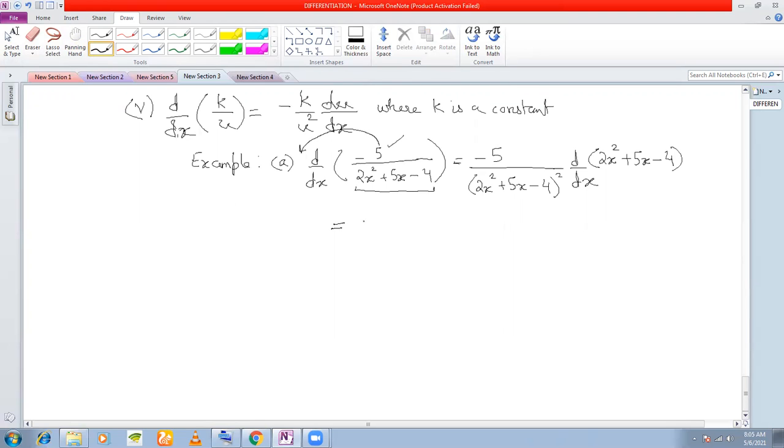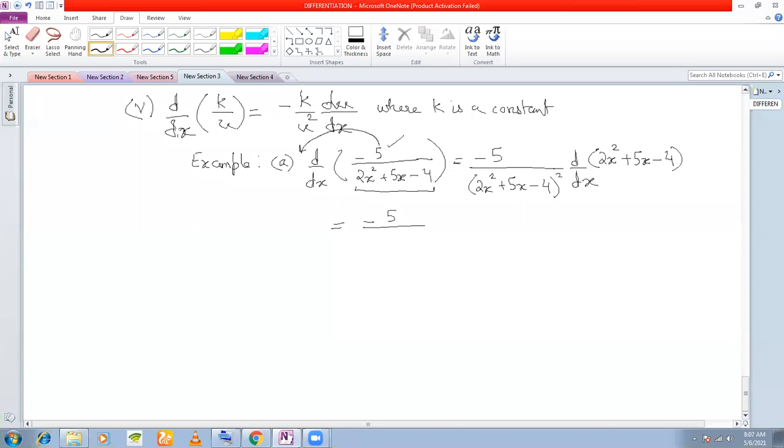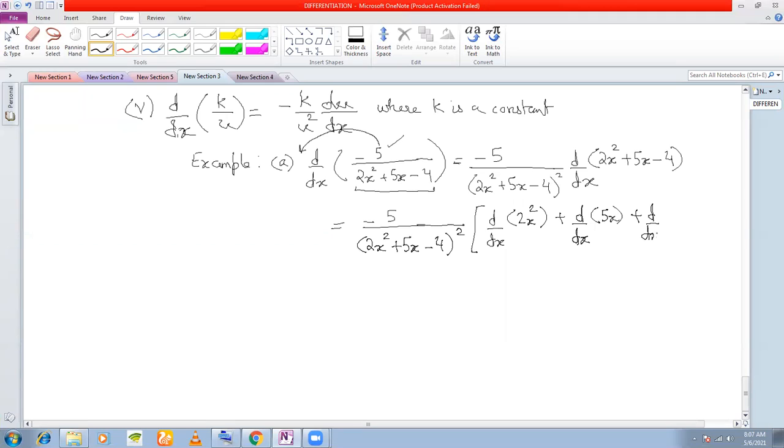Okay, so now we differentiate in our usual manner. So this is minus 5 by (2x² plus 5x minus 4) whole square, and this d/dx, we have d/dx of 2x² plus d/dx of 5x plus d/dx of 4.